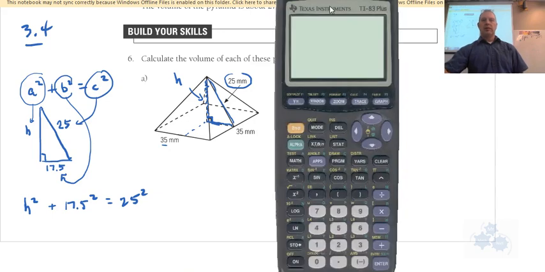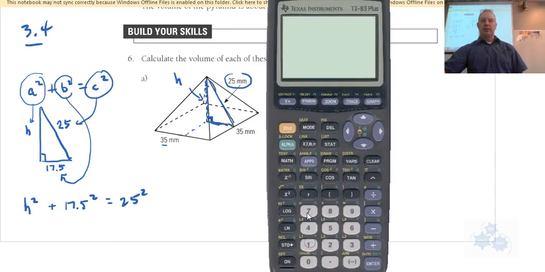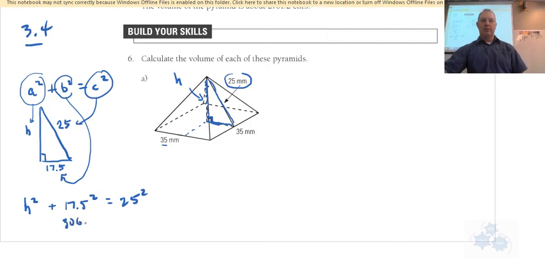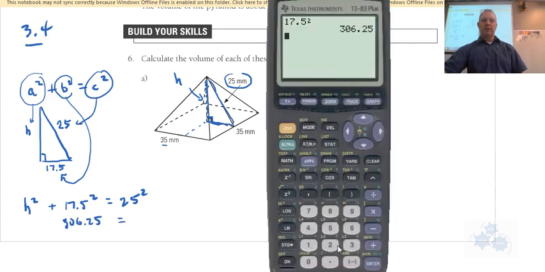And if we use our calculator to figure out what this is, 17.5 squared is 306.25. And 25 squared, if you have to do that in your calculator, you can. 25 squared is the same as 25 times 25.